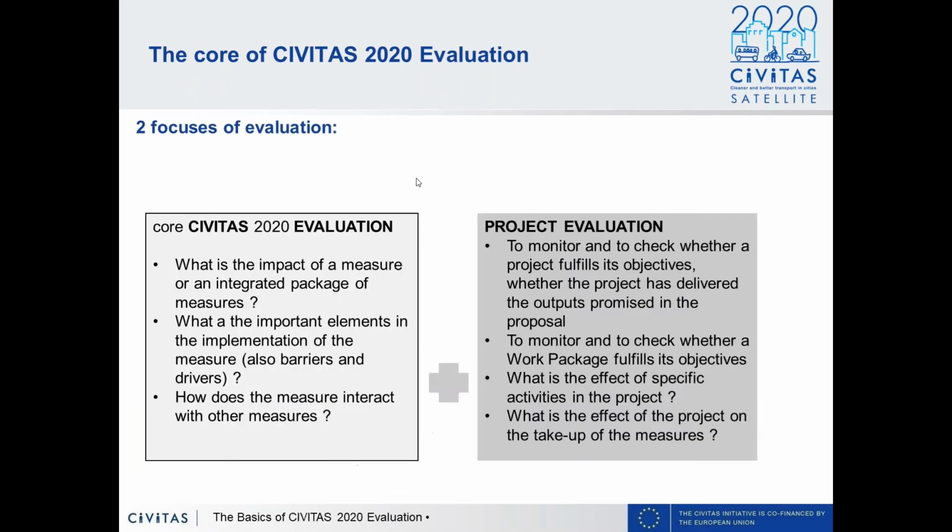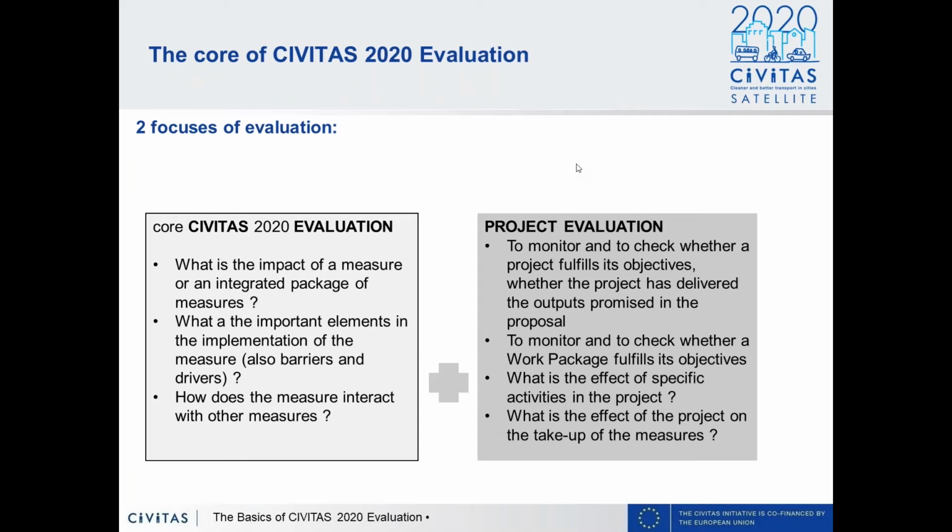Now, we see that it's important to be very clear on what we evaluate. That's what I already stressed. And we see in many projects, in fact, 2 types of evaluation. I start with the right part of the slide, where in many projects we wonder how well the project is functioning.